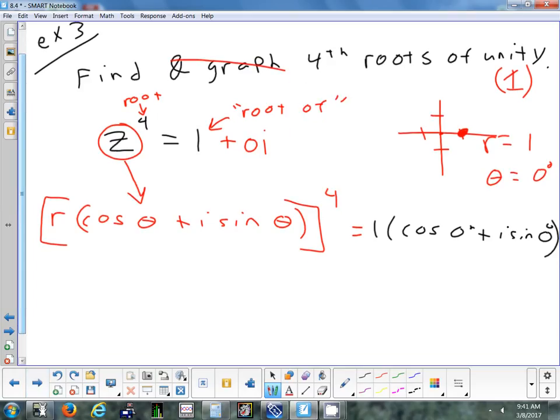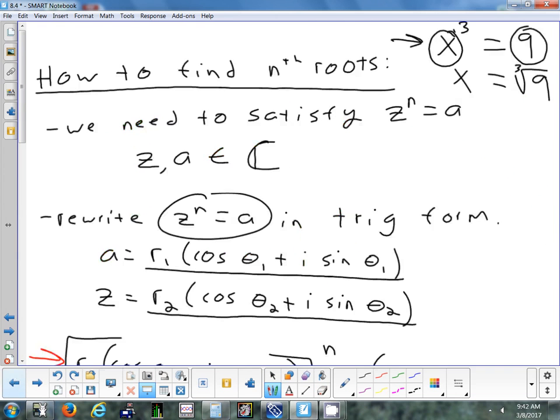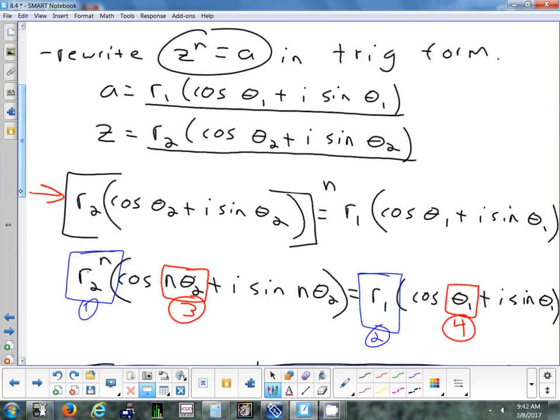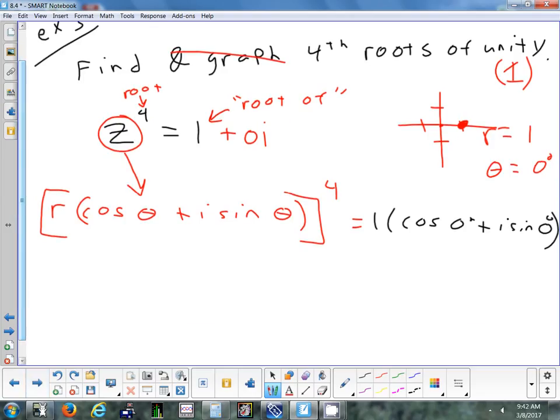Now, the left-hand side I can do out with de Moivre's theorem, just like I did, where did I do it? Right here. Okay, that's the next step. So what do I do with my radius and the power? Nope, we don't multiply the radius and the power.